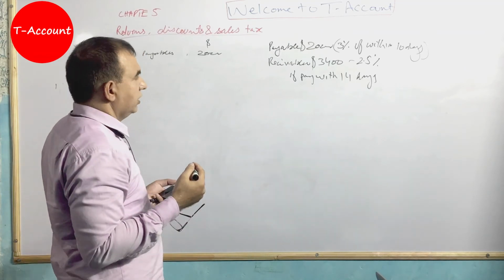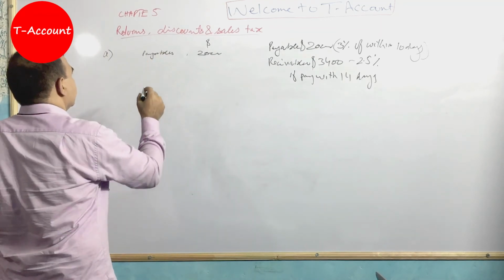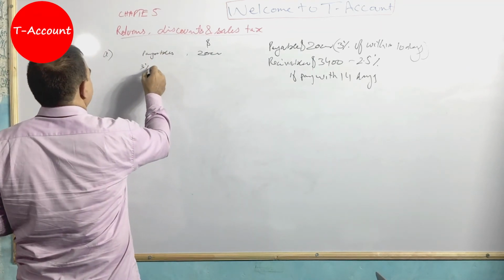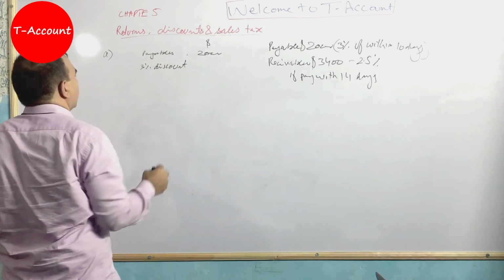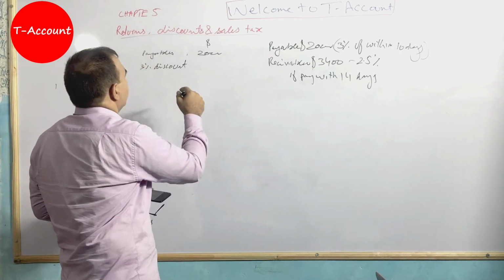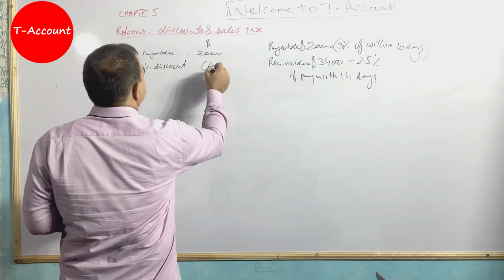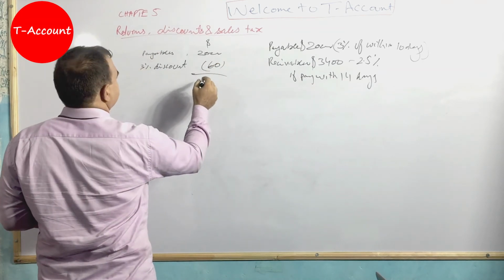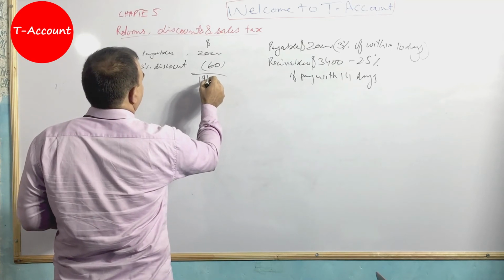Now, he offered how much? A 3% discount if paid within 10 days. First, we'll figure out how much the net amount is, so that whatever the possibility, we'll deal with that. 3% of 2000 is 60. Net amount is 1940.